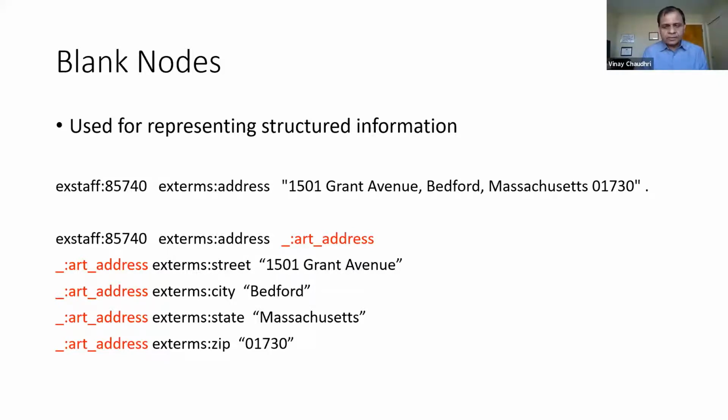So here we've defined a new anonymous object, underscore colon art underscore address. And then for that anonymous object, we can define these additional properties like street, city, state, and zip. These anonymous objects cannot be used outside the immediate context in which they are initially introduced.